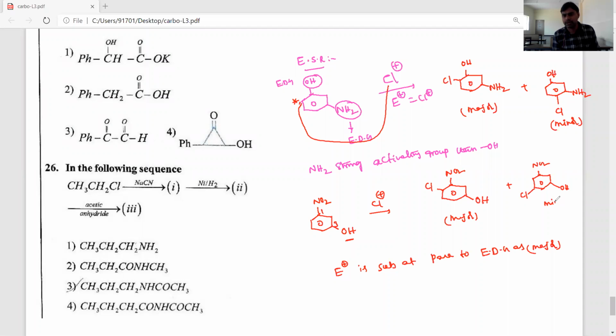This is a minor product. And one more minor product is also present, where Cl plus is para to the OH. This is also a minor product. So the major product is always from the electrophile attacking the para position of the electron donating group whenever two groups, one electron donating and another electron withdrawing, are present at 1 and 3 positions.